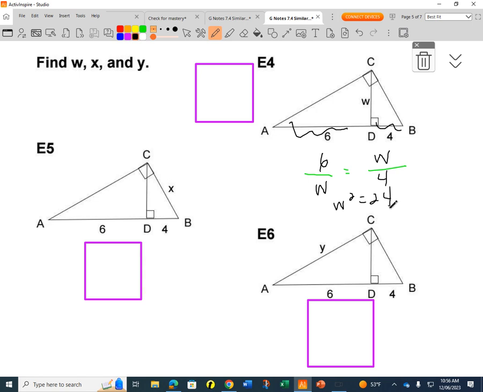On our calculator, if we're taking the square root of 24, we're going to get 4.89. It continues on, but we're going to round to the 10th place, so we approximate that as 4.9. If I wrote it as an exact answer, it would be 2 square roots of 6, right?